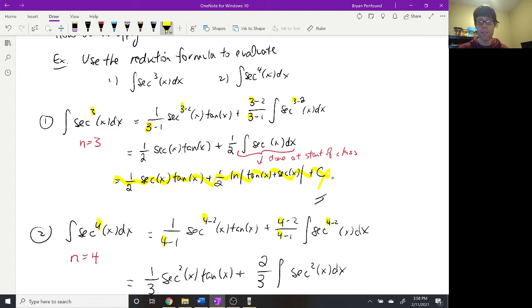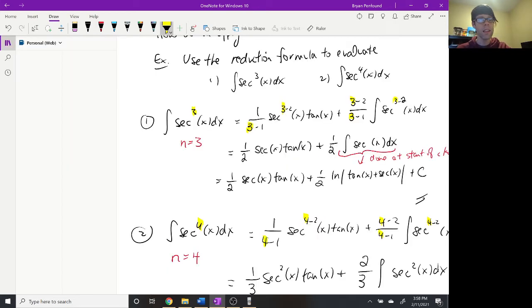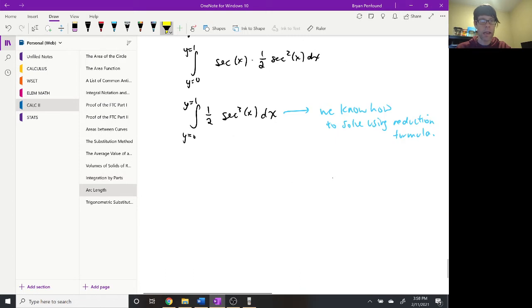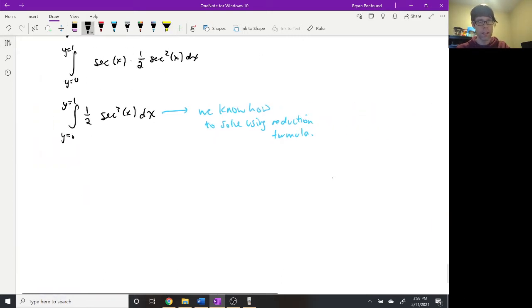We're going to grab that information and take it back to the example we were working on. We're just going to get rid of the plus c. When we're working with integrals with bounds, we don't need that plus c. It's going to end up canceling anyway. We just need an antiderivative according to the fundamental theorem. So this should become 1/2 times that expression that we just grabbed from the integral we had done before.